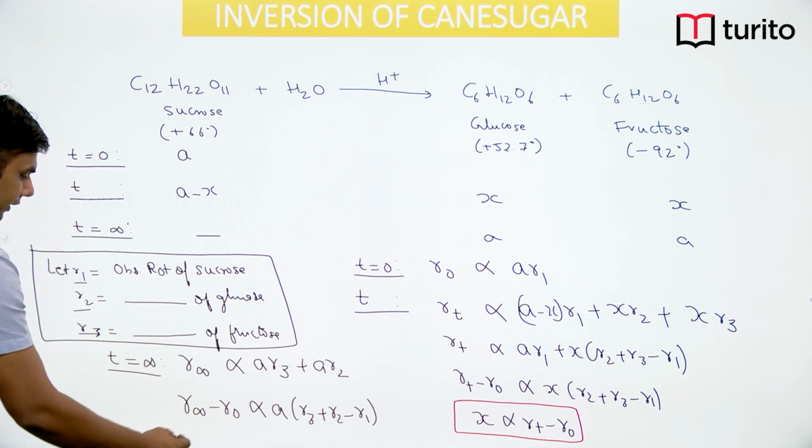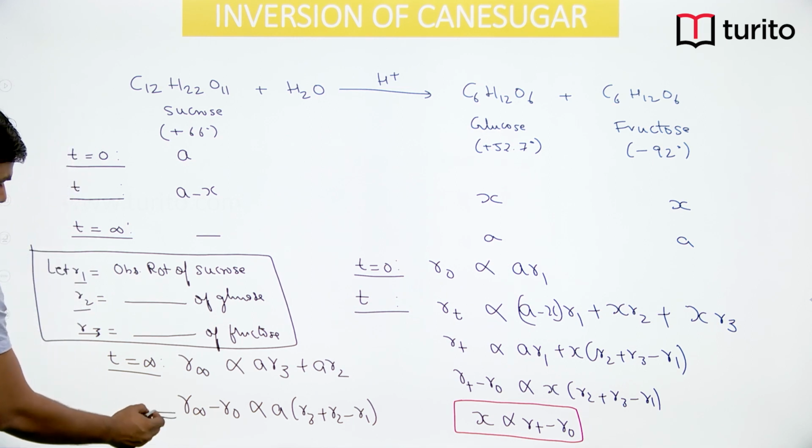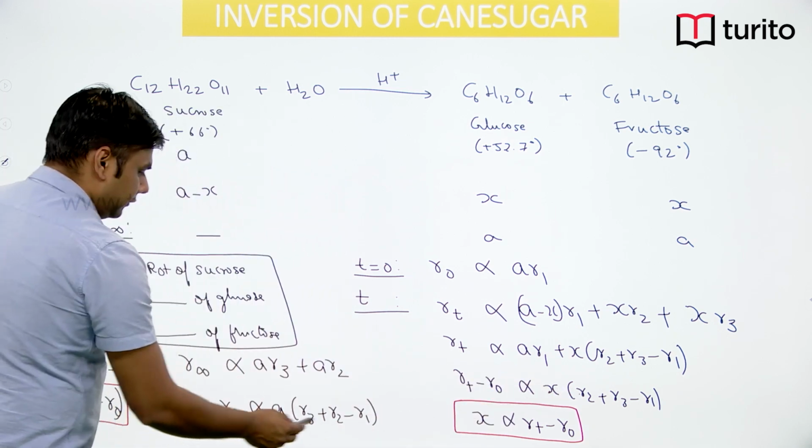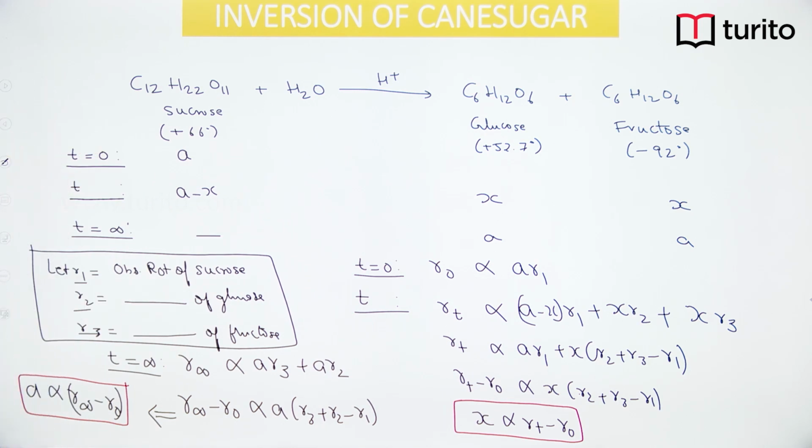So I can clearly say that A is proportional to R infinity minus R0. We have tried to bring the same factors over here because it is a proportionality. So if the two things are the same, R2 plus R3 minus R1, they will have the same proportionality constant. So when we take the ratio, they will get cancelled out. So basically we are getting A as R infinity minus R0, X as RT minus R0.